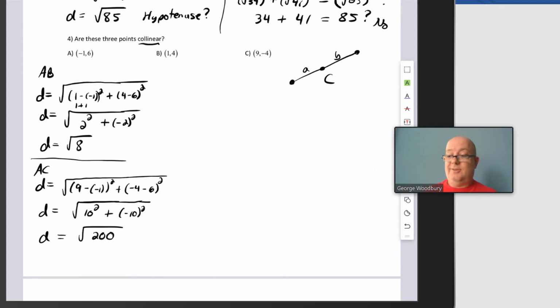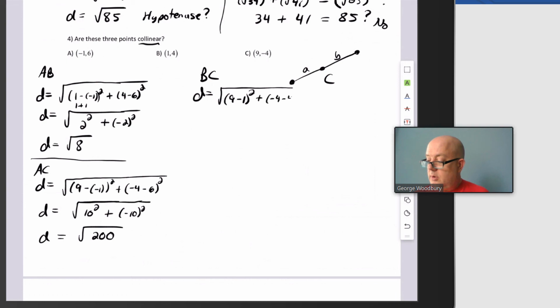One to go, and that's the distance between B and C. I'll put that here. Now we're using 1, 4, and 9, -4. D equals the square root. Start with the x-coordinates, 9 minus 1, quantity squared, plus the y-coordinates, -4 minus 4, quantity squared. 9 minus 1 is 8.